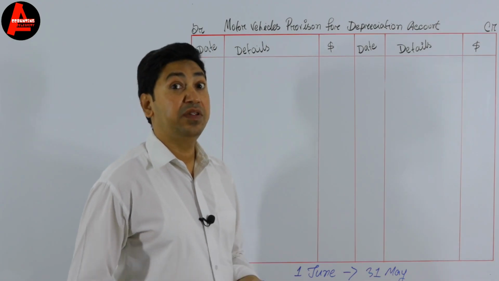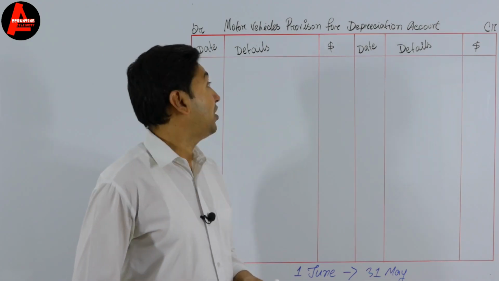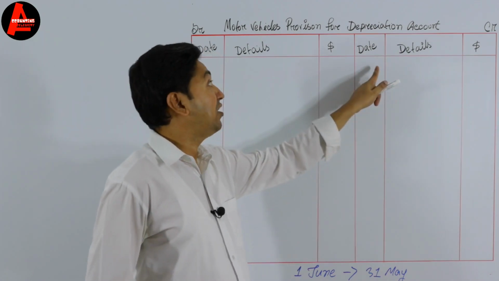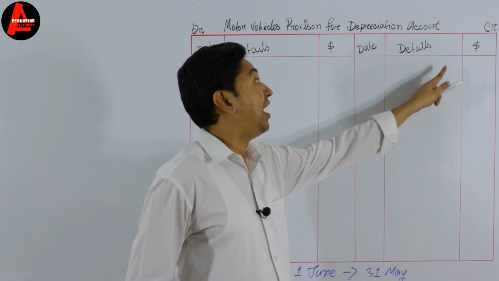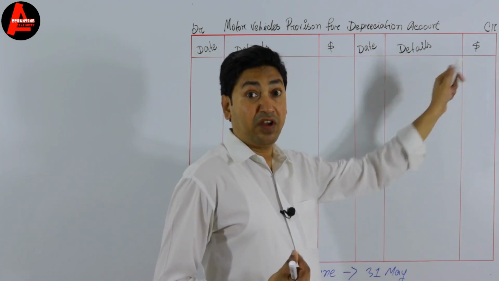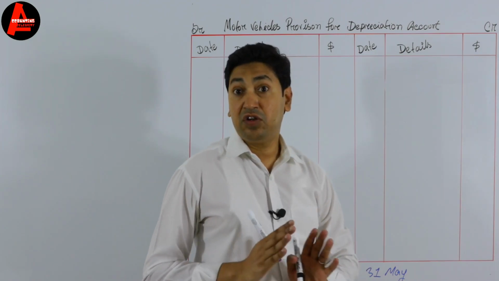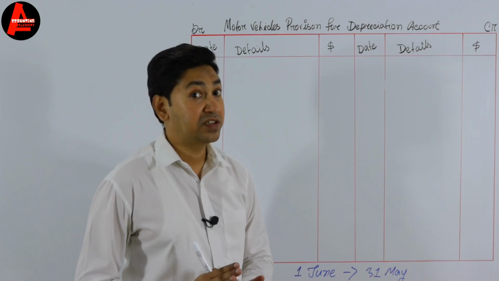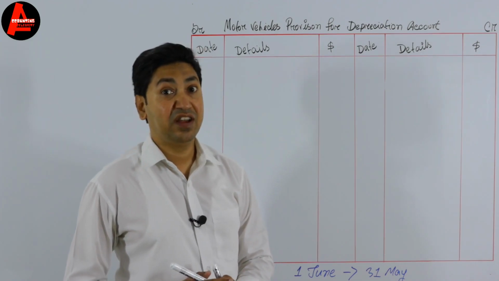So if there is any opening balance, you must write it on the credit side here. You write opening balance and then the provision for depreciation which will be given in the question. In this case we don't have an opening balance, so we don't need to write it.